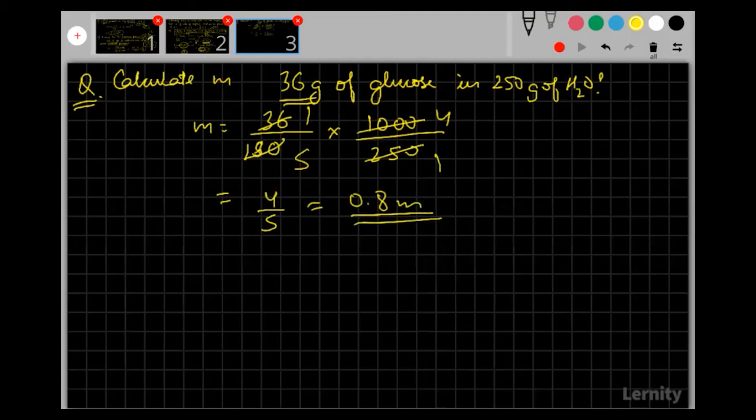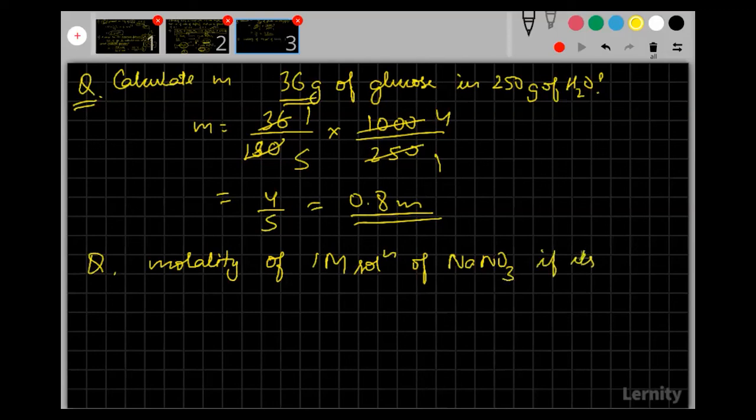Now the next question: what is the molality of a 1 molar solution of sodium nitrate if its density is 1.25 grams per centimeter cube?